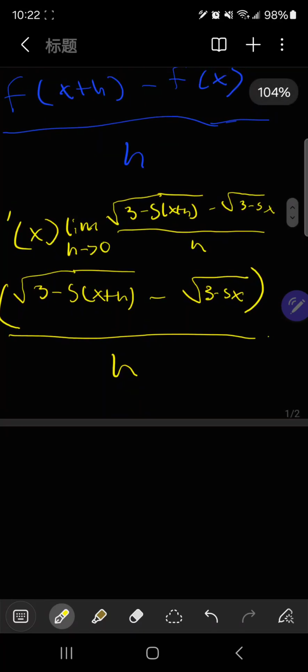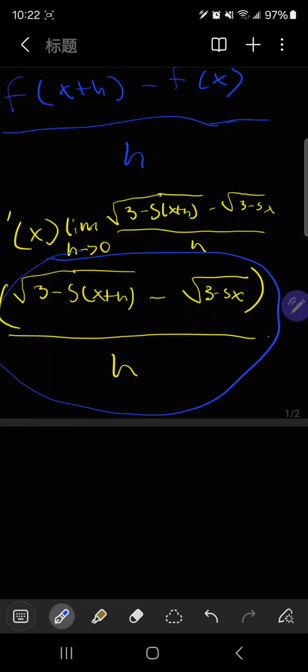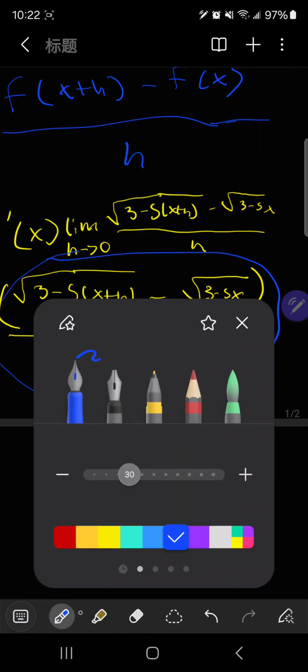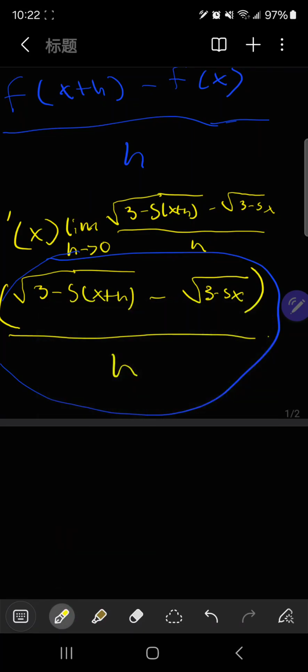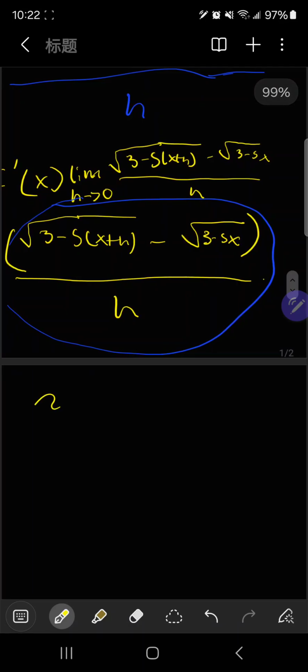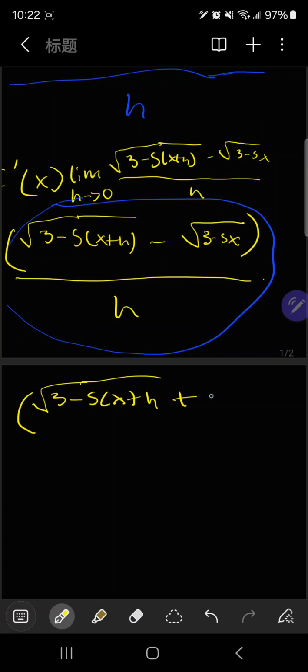But then I'm going to circle all this so you can see. We're going to multiply it by the conjugate, I think that's the word: root 3 minus 5x plus h, but this time it's going to be plus. Close that, root 3 minus 5x, and close the parentheses. You see that? Okay.